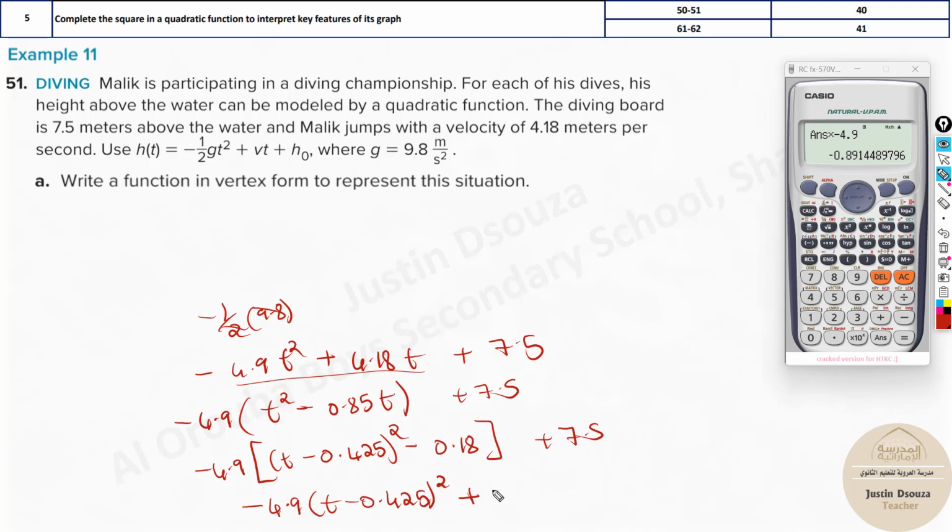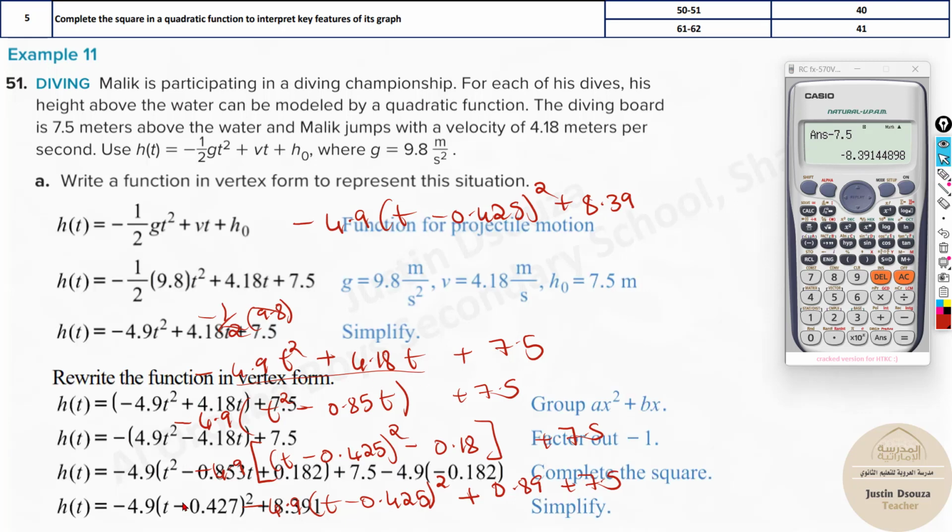I'm sorry, this minus and minus becomes plus. 0.89 plus 7.5. So the ultimate answer would be negative 4.9 times t minus 0.425 the whole square plus 8.39. So this is the final answer.